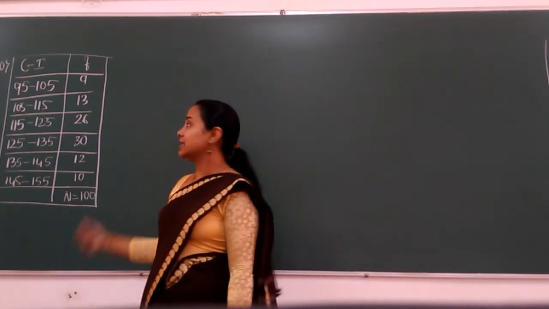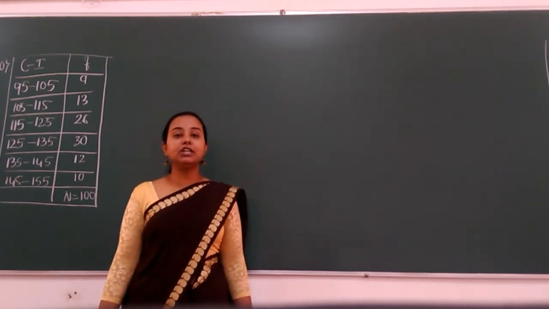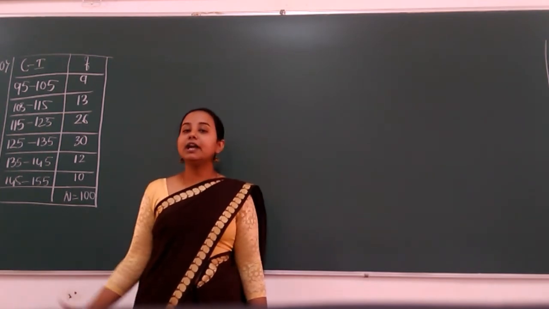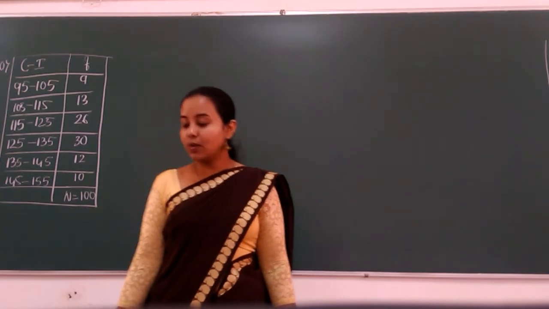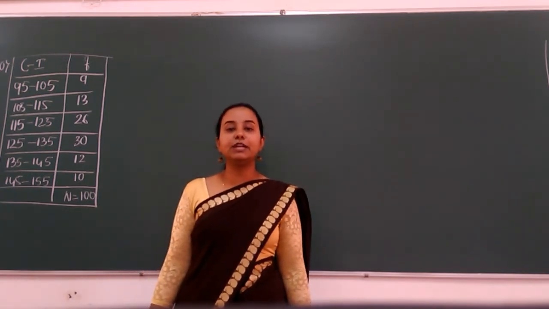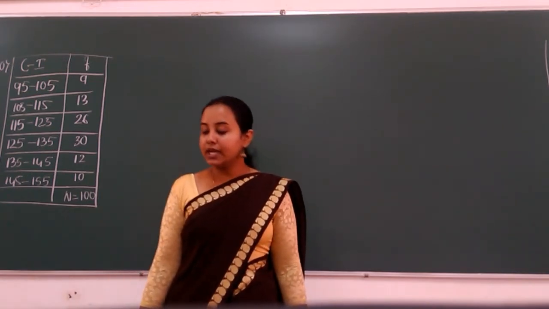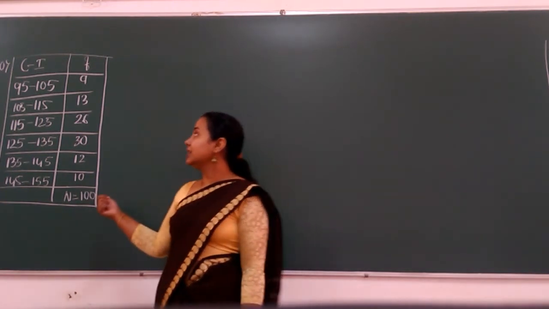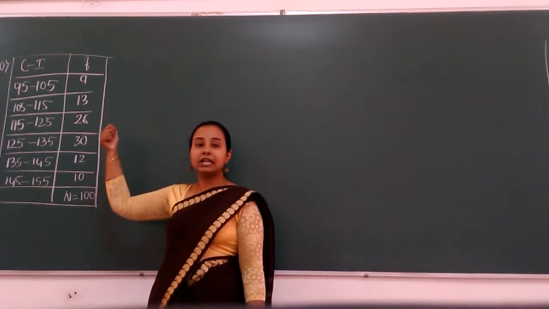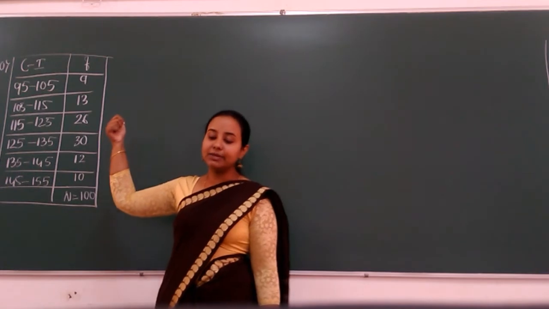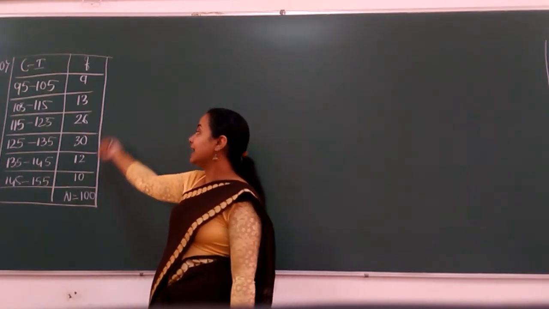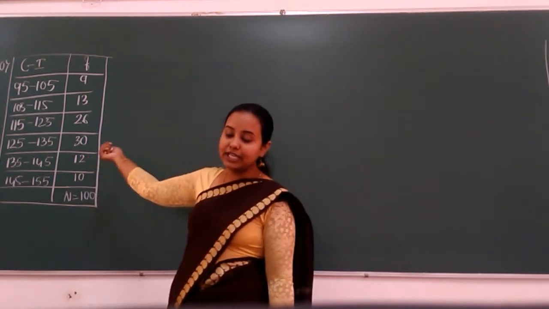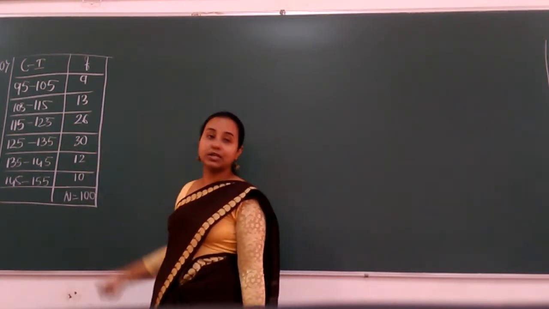So now let us once again consider the same continuous data and find the mean deviation about mean. That is question number 10 of exercise 15.1. The data given in the 10th problem has class intervals, which are the heights of the students in centimeters, and f is the number of boys.